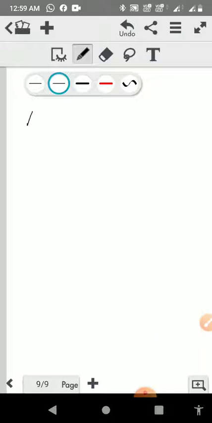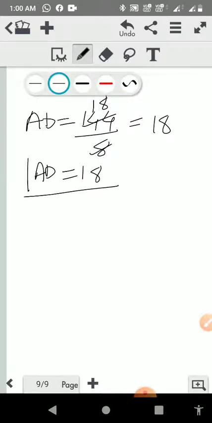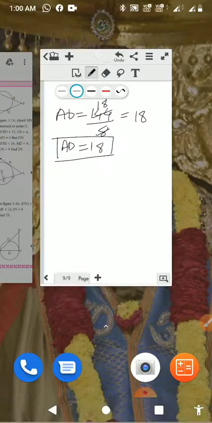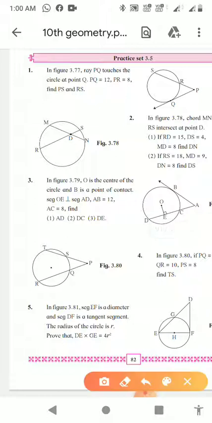Therefore AD equals 144 divided by 8, which is 18. So the value of AD is 18 units.